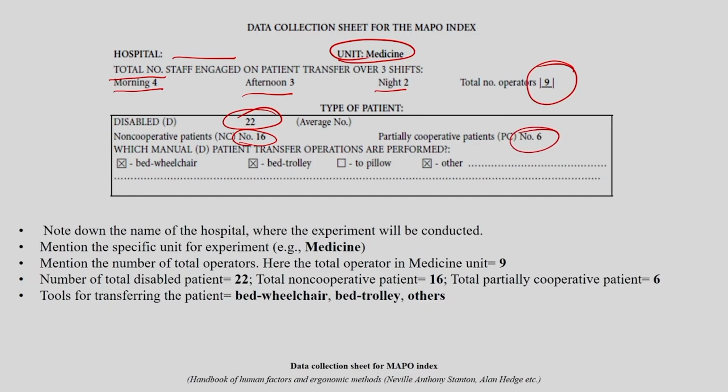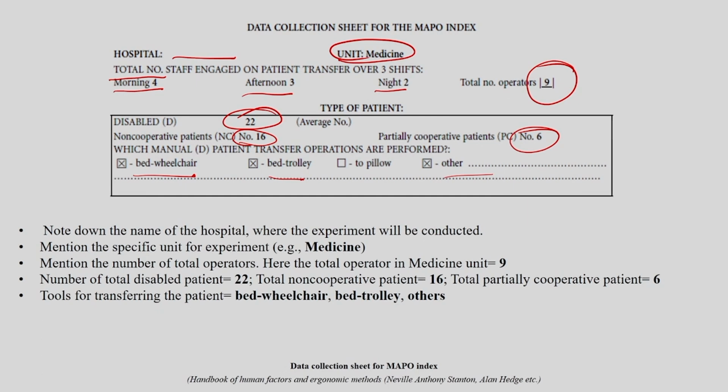Also, you need to see which manual patient transfer operations are to be done: bed to wheelchair, bed to trolley, and others as needed. These are the varieties of operations they are going to do in this particular sector. You need to note down the name of the hospital.